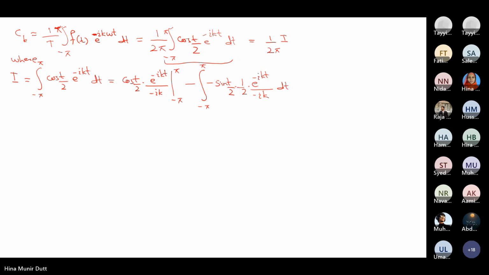Okay. So when I put the limits of integration, cos of pi by 2 is 0, and cos of minus pi by 2 is again 0, so this is actually 0.